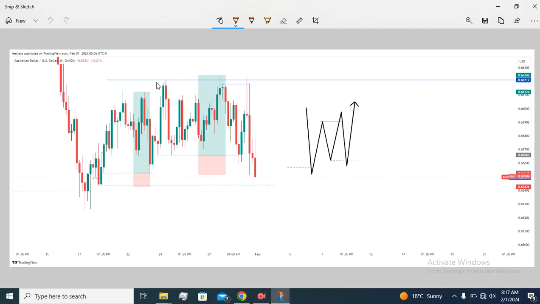So we can see this was the liquidity that was swept on the weekly. This was the FVG. The weekly FVG was lying above here. So we took some liquidity. After taking this liquidity here, we should be trying to look for a fast break of structure over this leg here. And I'm going to drop down on the lower time frame to show you exactly that there was a fast break of structure around here.